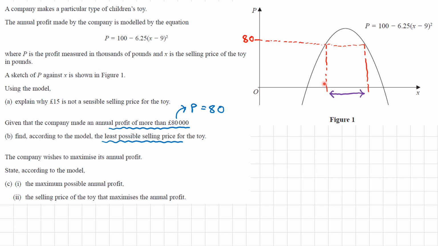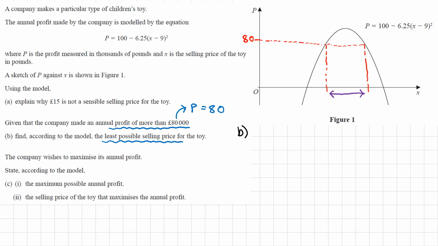I want to find out what these two critical values are and use the lower of the critical values of x to work out the minimum selling price that's going to just bump my profit over that 80,000 mark. So it's about solving an inequality here.